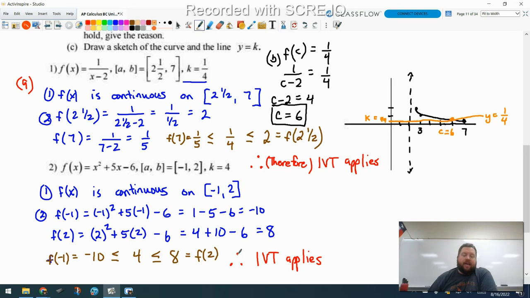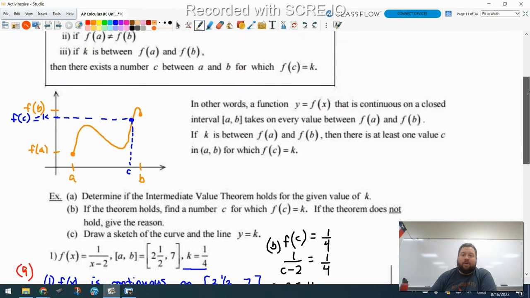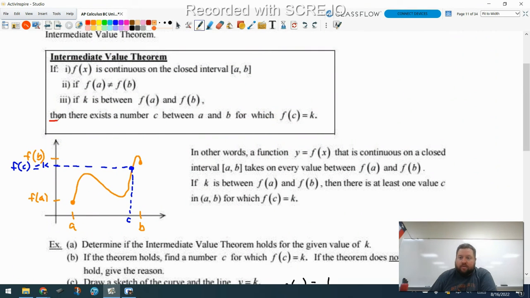Okay, on the AP exam, if you invoke the name of the theorem, as long as you've shown the conditions are met, you're done. That's all you have to do. Now, it is not required that you remember the name of this, but if you don't remember to say IVT applies, then instead you have to write this whole sentence right here.